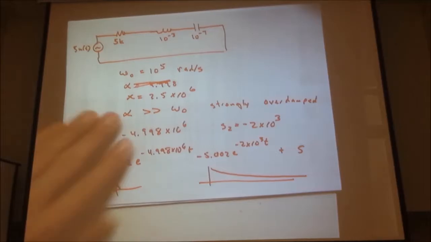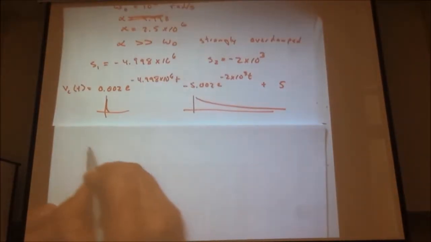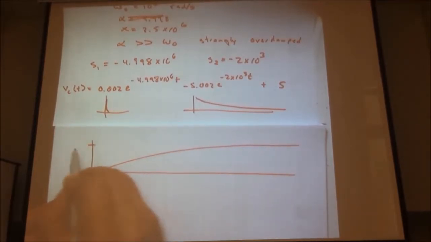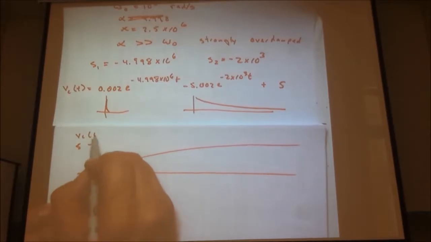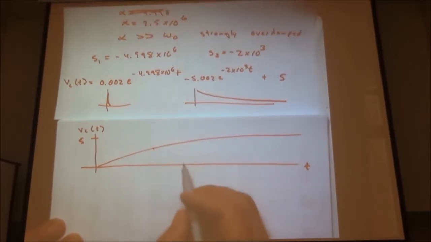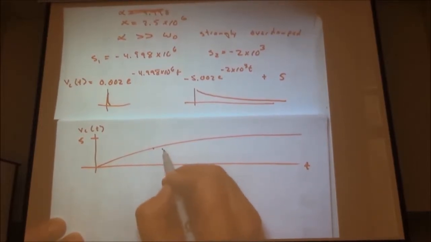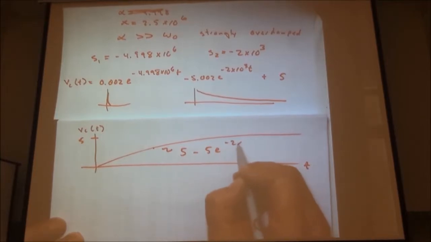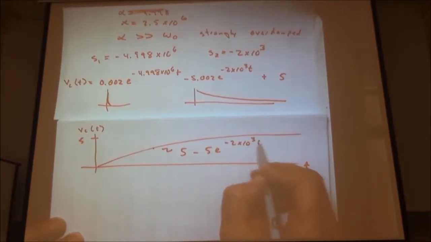So when we look at our plot, our result looks fairly similar. It's still an overdamped case, still converging to 5. Well, what is this curve? This curve is approximately really just 5 minus 5 e to the minus 2 times 10 to the 3 t.